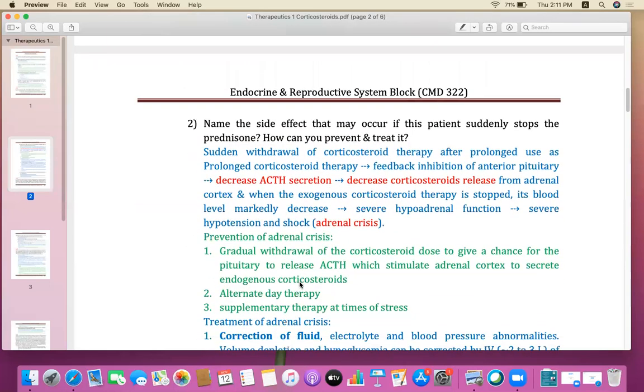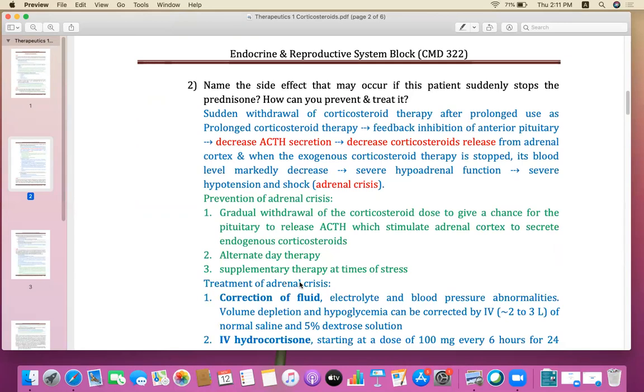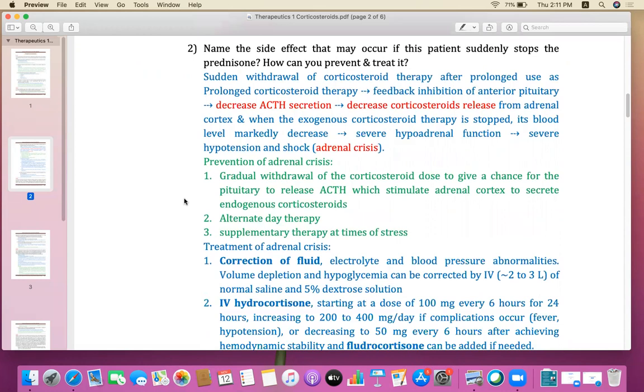Name the side effect that may occur if the patient suddenly stops the prednisone, and how can you prevent and treat it, as we discussed in the lecture. The name of the side effect is adrenal crisis. It occurs when the patient suddenly stops the prednisone or corticosteroids or glucocorticoids. How can we prevent it?